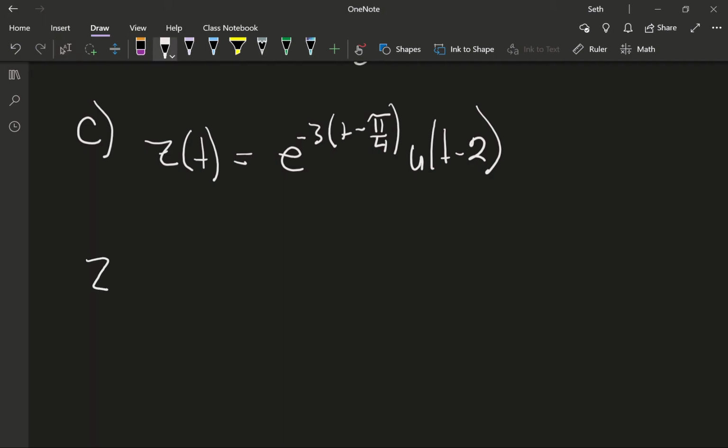So Z of j omega is going to be equal to the integral from minus infinity to infinity of e to the minus 3 times (t minus pi over 4) times the unit step.